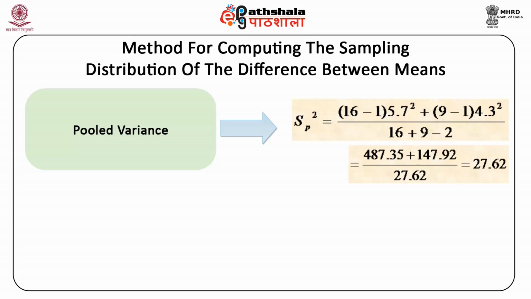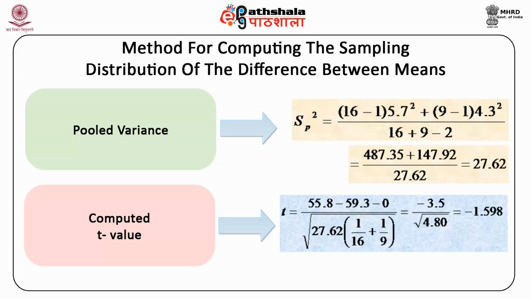(487.35 plus 147.92) whole divided by 23, which is equal to 27.62. Next, calculate the t value.